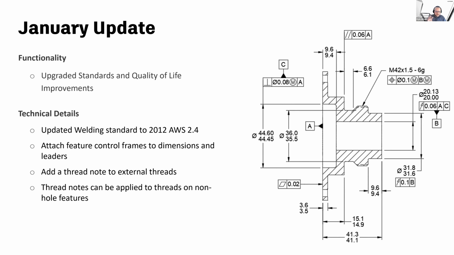Everything's really clean. You're not going to accidentally move something and forget to update the feature control frame or vice versa, and then your drawing looks a little bit off. It's all working together, and the ability to snap it in is a pretty easy function to use. So they made it really usable.